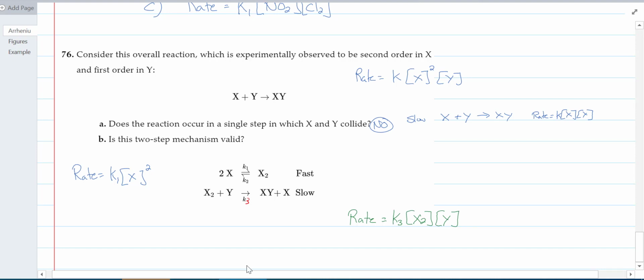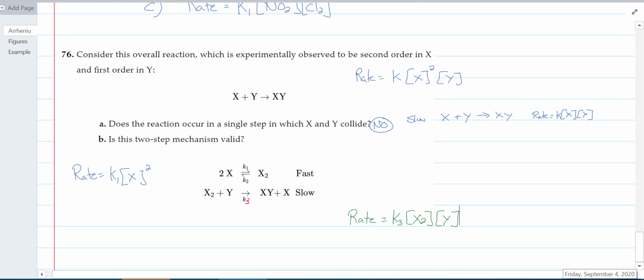The only things that can be in this rate law are things we can control, the concentration of the reactants. If there's a catalyst, which we haven't talked about yet, we're going to talk about catalysts real soon, a catalyst can go here too. Intermediates cannot be here. X2 would be an intermediate. It cannot be in the rate law.